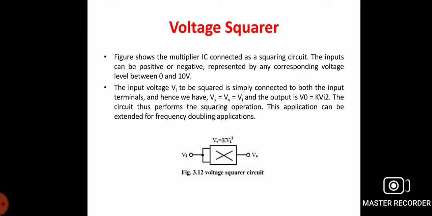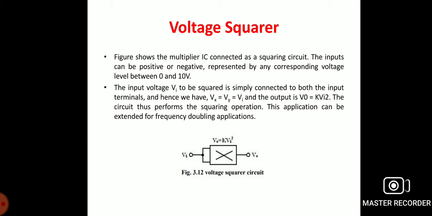The input voltage Vi to be squared is simply connected to both the input terminals, and hence we have Vx equal to Vy equal to Vi, and then the output V0 is equal to K into Vi squared. The circuit thus performs the squaring operation. The application can be extended for frequency doubling applications.